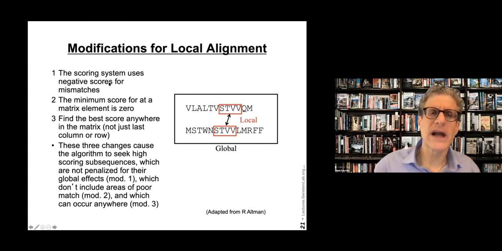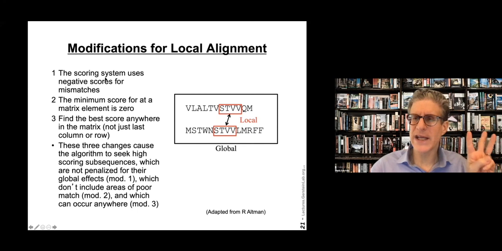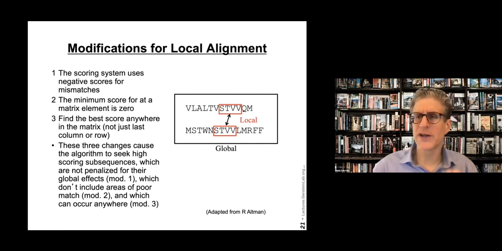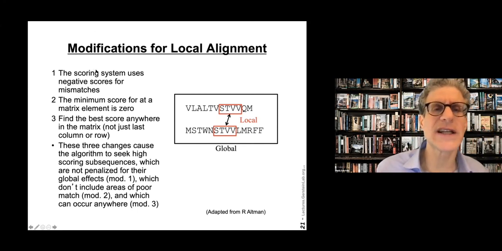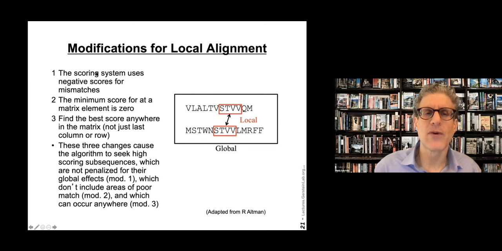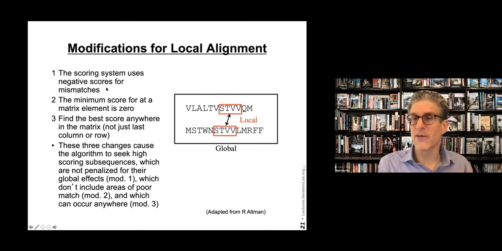And so what they did here was they made 3 modifications to the overall procedure I described, and it's kind of neat. So the first thing is they require that the scoring system uses negative values for mismatches. So it can't be just like 0. You have to use negative values.